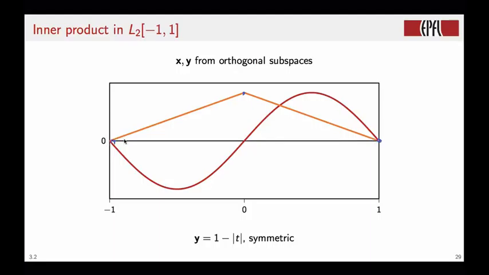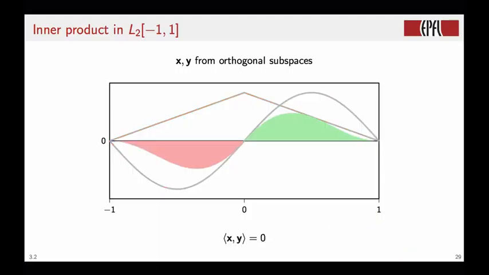We sometimes call this the hat function, because it does look a little bit like a hat, and it's clearly a symmetric function. So the orange function is symmetric, the red one is antisymmetric. The product will be negative on the first half, positive on the second half, with exactly the same surface, so that when integrated out it's equal to 0.